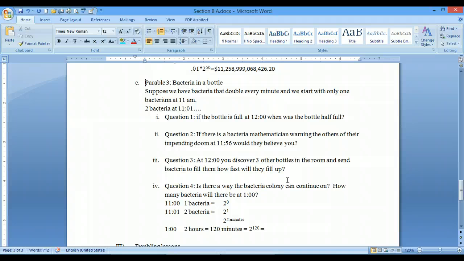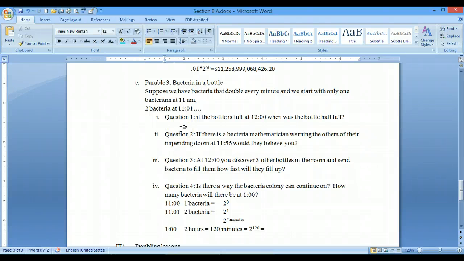Bacteria in a bottle. Suppose we have bacteria that doubles every minute, and let's say we start with one bacterium at 11 a.m. Bacterium because it's only one. Bacteria for multiples. And therefore we have 2 at 11:01, and so on. Our first question, if the bottle is full at noon, when was the bottle half full?